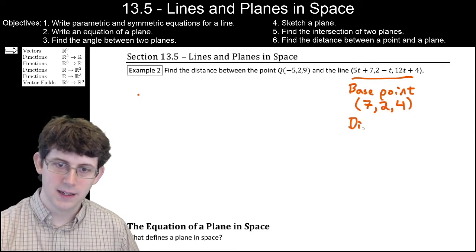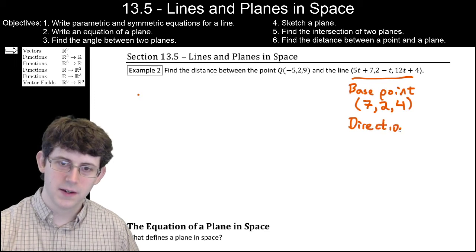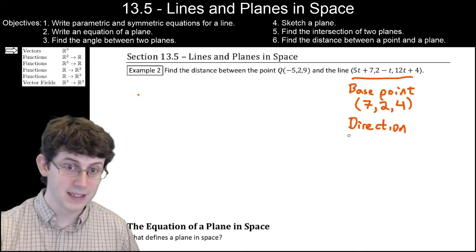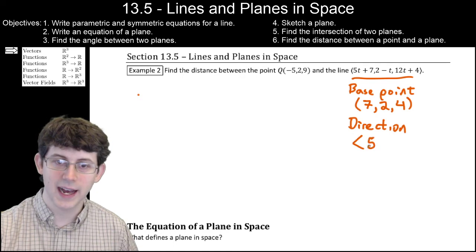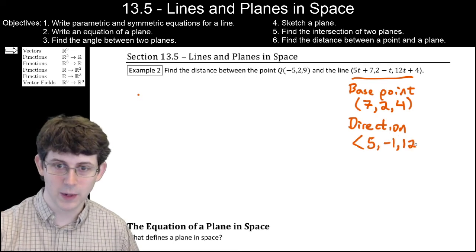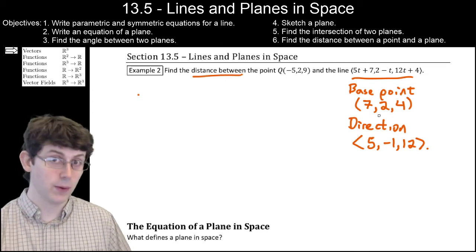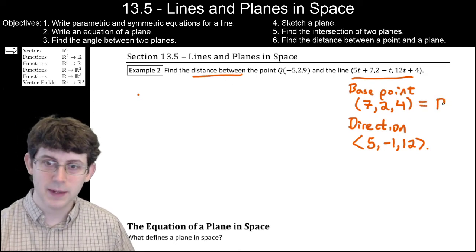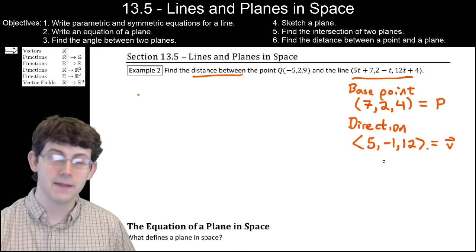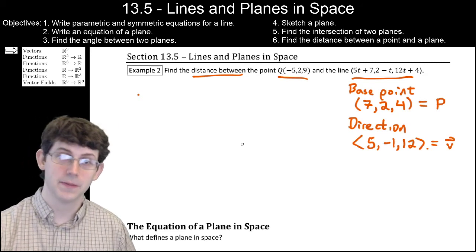And the direction is the part that's attached to the parameter t. So the direction vector is 5, minus 1, 12. What are these called in the distance between point and line formula? This is the point P, and this is the direction vector V. And here's our point Q.